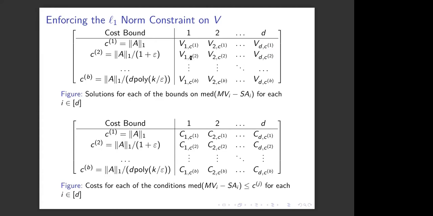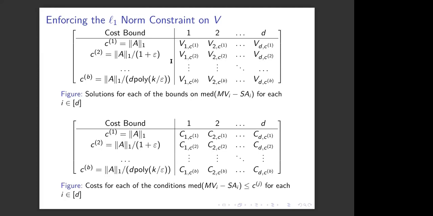Because why do we know that? First of all, the median-based cost constraint can be written as a linear constraint. And second of all, the norm constraint can also be written as a linear constraint. And by linear, I mean linear in those variables. So in expectation, the total median-based cost and the total norm are at most what we want them to be.